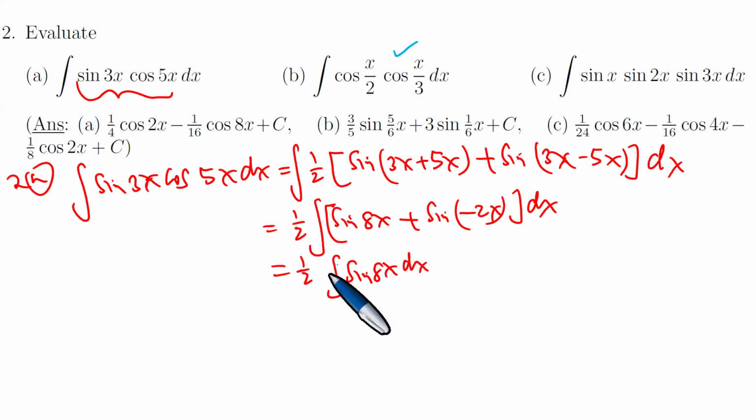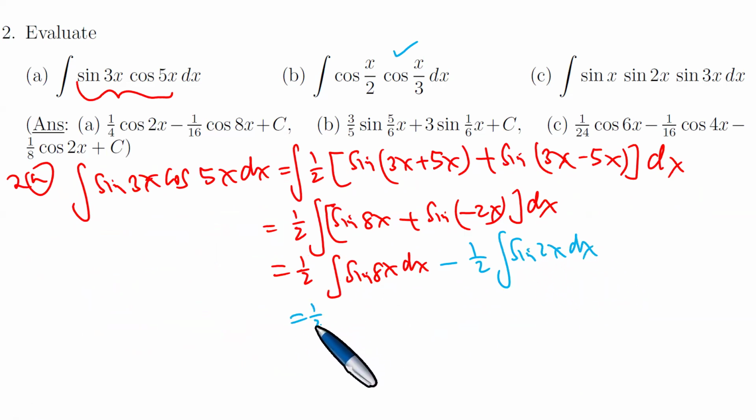So now this means that it's 1/2 the sine of 8x. Now the sine is an odd function, so the negative goes through, and then we have minus 1/2 the integral of the sine of 2x dx. And this is 1/8. What is the integral of the sine? It is negative cosine.